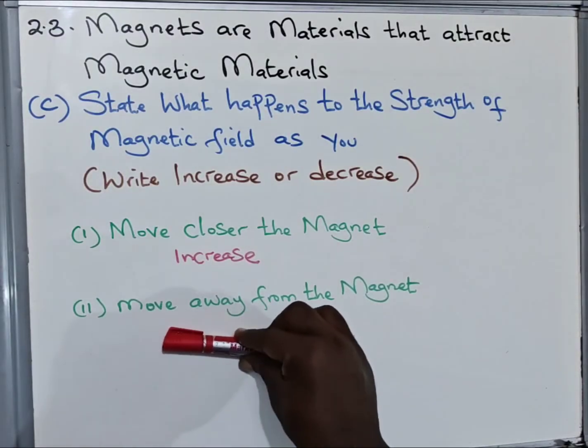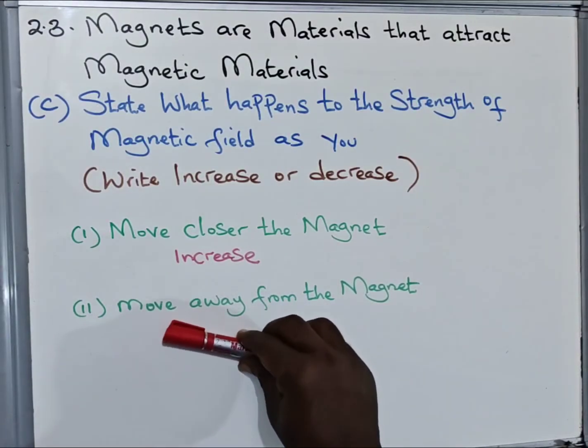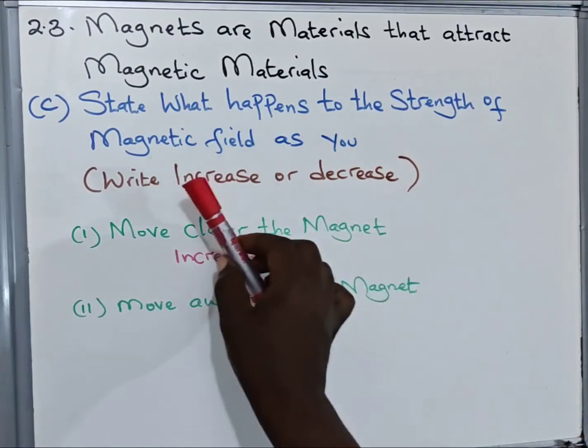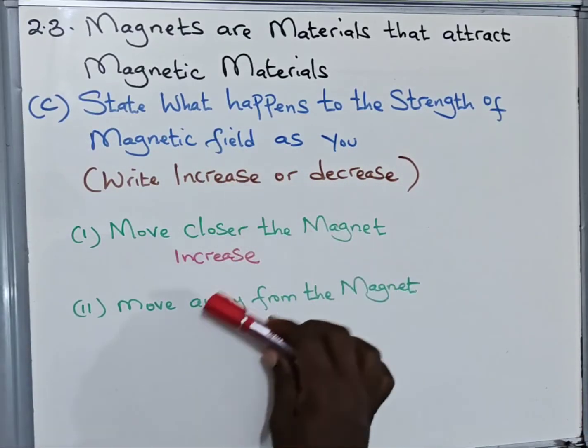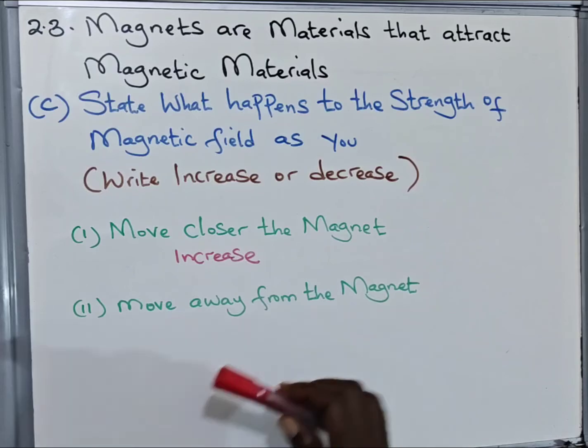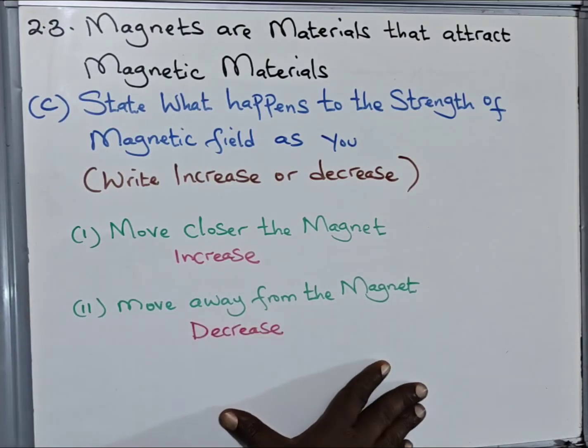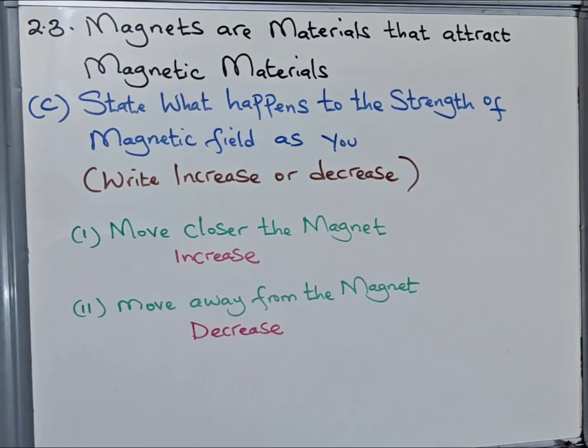Then comes this one, saying, state what happens to the strength of the magnetic field as you move away from the magnet. Answer is decrease. So all we need to know is that as you move towards the magnet, the strength increases. And as you move far away, it decreases.